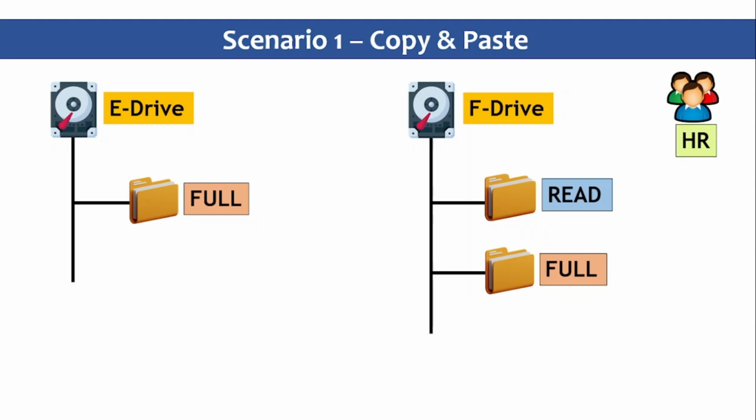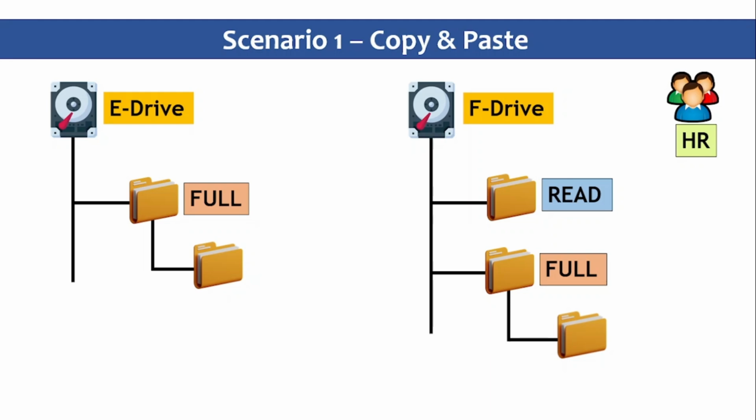So what we did, we simply copied this read-only folder from the F drive under the full permissions on the E drive, and we copied the same folder and pasted it under the full permissions on the F drive. So we just performed a simple copy paste operation, that's it.